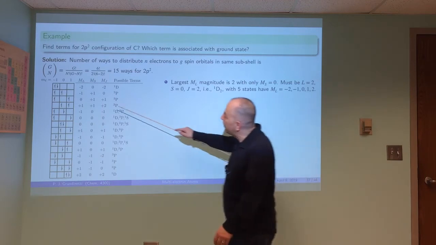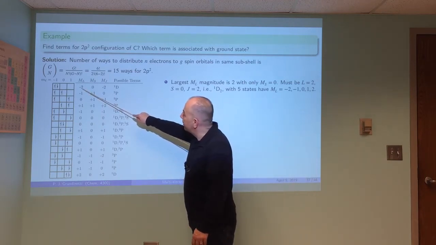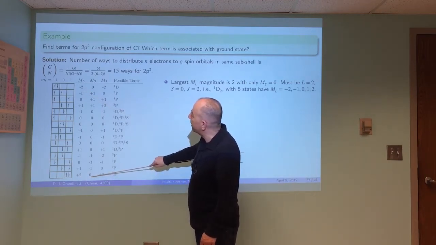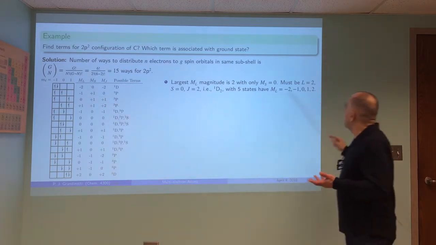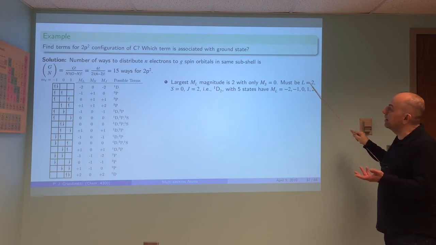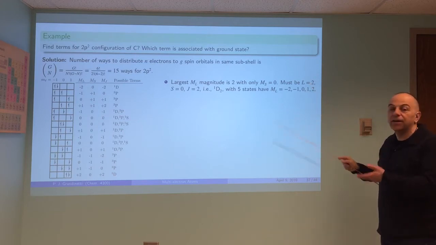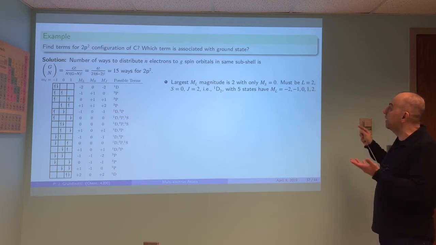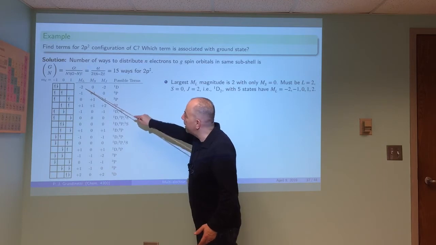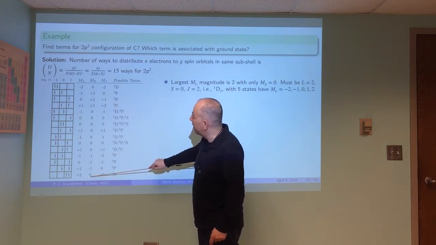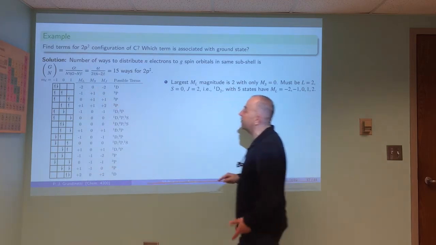Now when you look at that -2 and that +2, it's associated with an m sub S of 0. If there was an S value greater than 0, we would expect to see -2 associated with plus or minus 1, for example, if S was equal to 1. But we only see these two values, -2 and 2, associated with m sub S of 0.